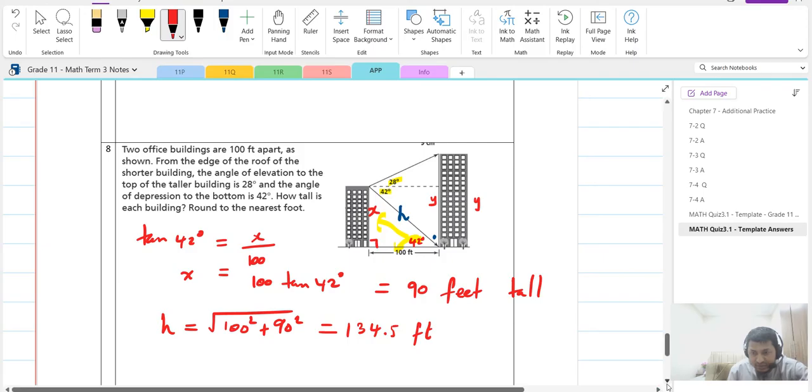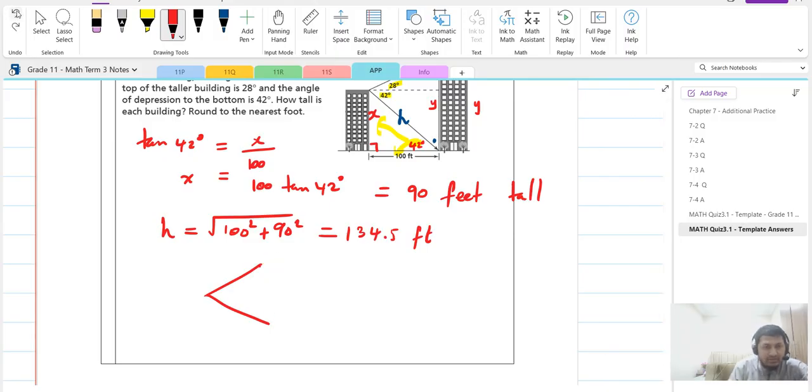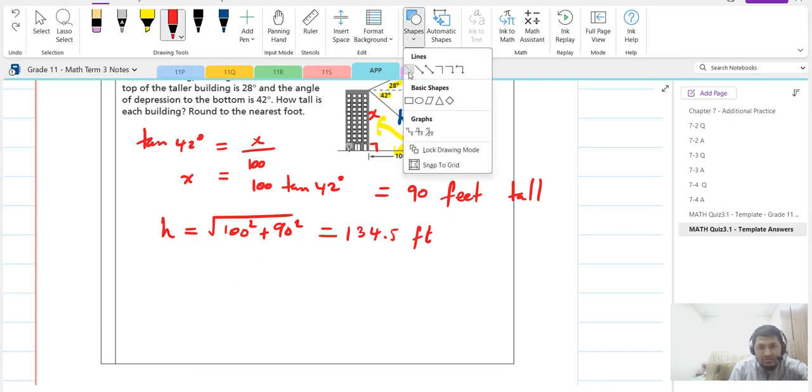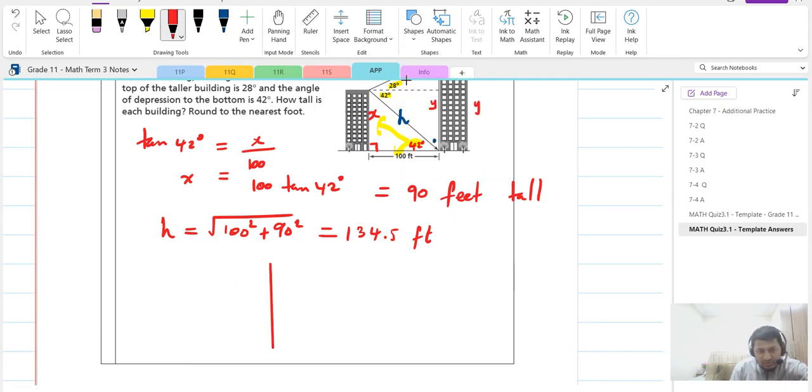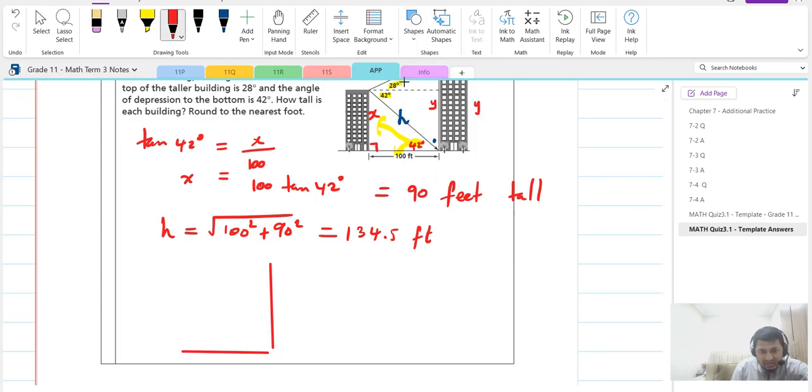So now if you're looking at the information that we have so far, we have something like this, right? And that's not the height of the building. Let's draw straight lines, right? So that's the height of the building, which is y. No, we don't have this line.